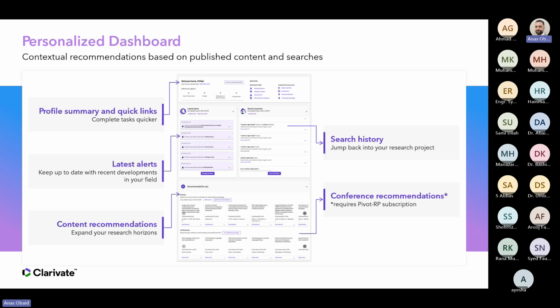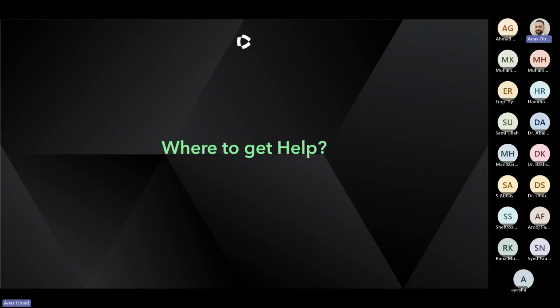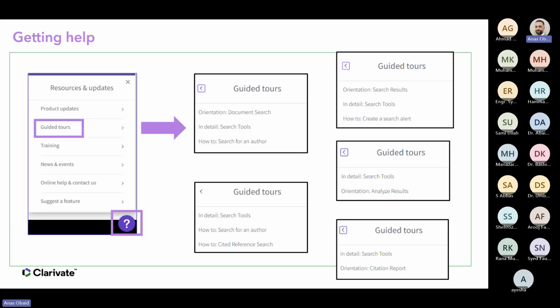And of course, besides me, I'm always here and ready to help and support you if you have any question, but also on the platform itself. When you open the platform, you'll always see this question mark, and through the question mark, you can easily access a lot of help files, tutorials, recordings, webinars, and also updates whenever we have any updates on the platform, on the content.